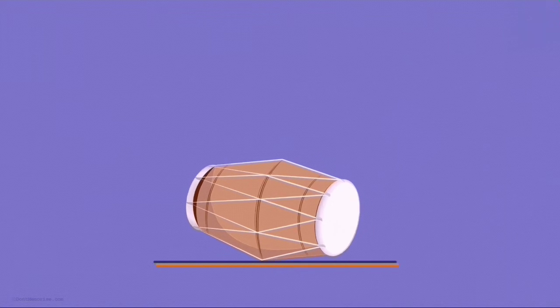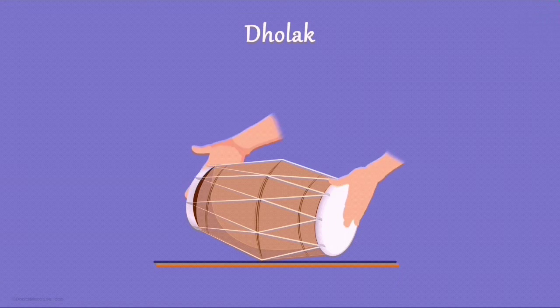Are you familiar with this? What is it called? Yes, it is called a Dholak. It is a two-headed drum, a musical instrument commonly used in India. When you strike any of the two flat surfaces of the Dholak, they start to vibrate and produce sound.